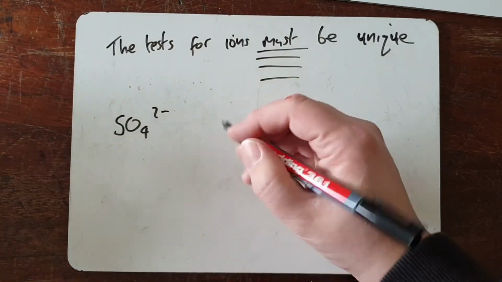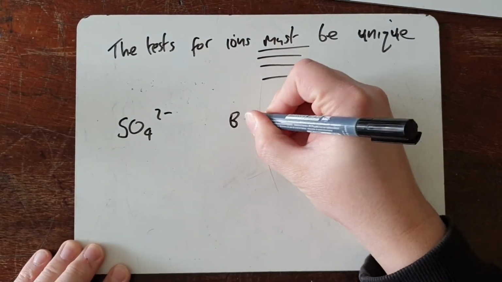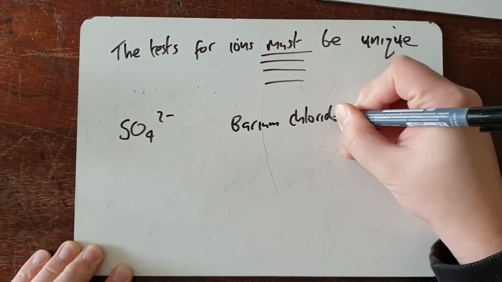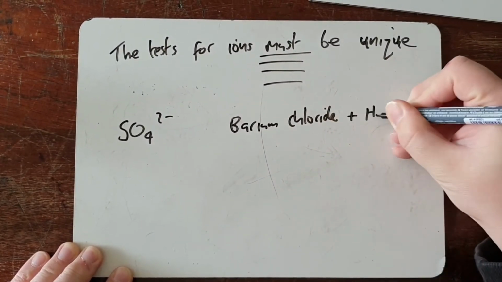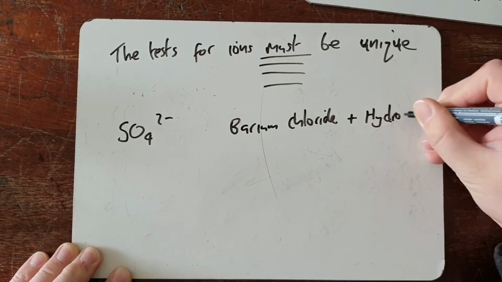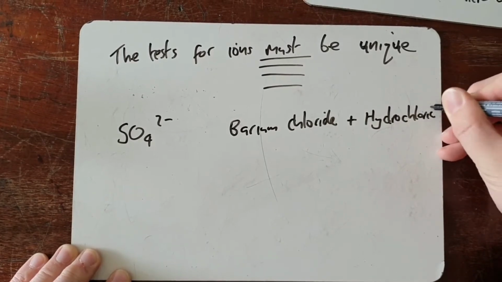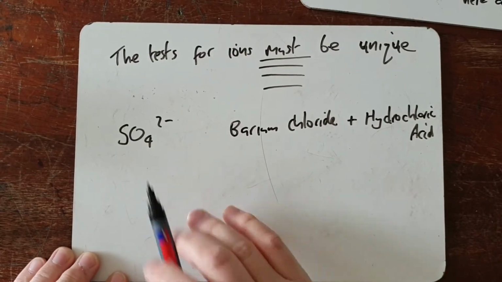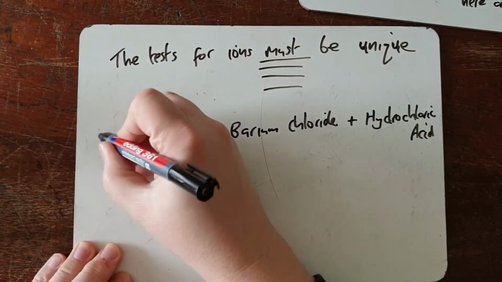So the test for sulfate ions is barium chloride and hydrochloric acid.